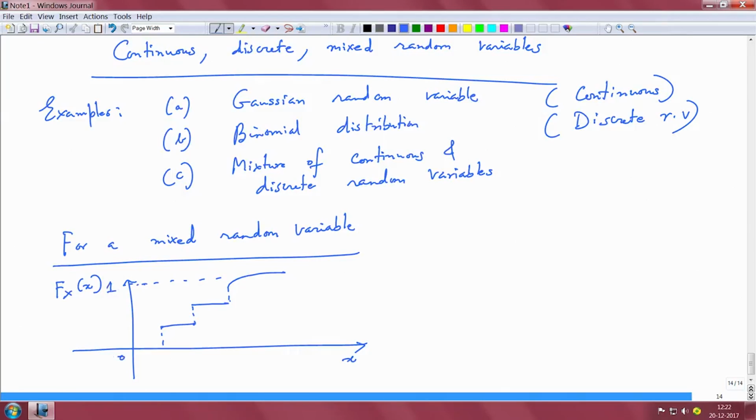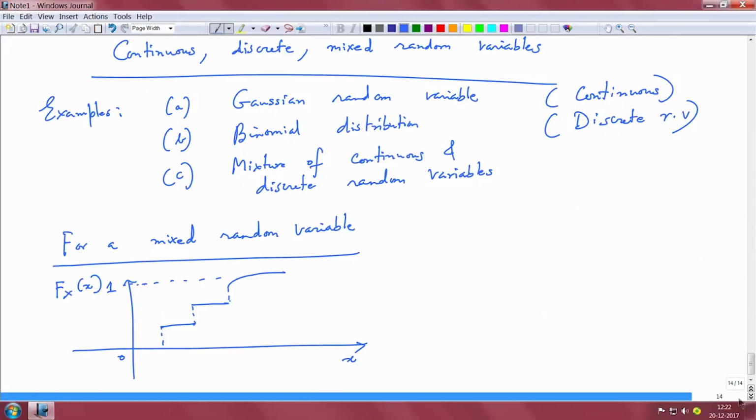So, this is an example of a mixed random variable. For a continuous random variable, you can just imagine that the PDF is basically continuous. For the discrete case, we have seen an example of a staircase function, where things are discrete.